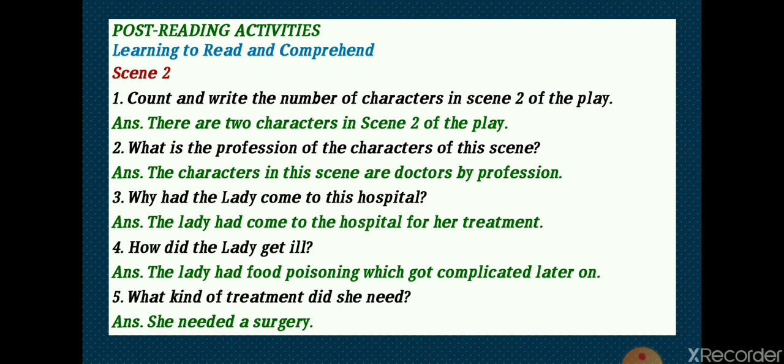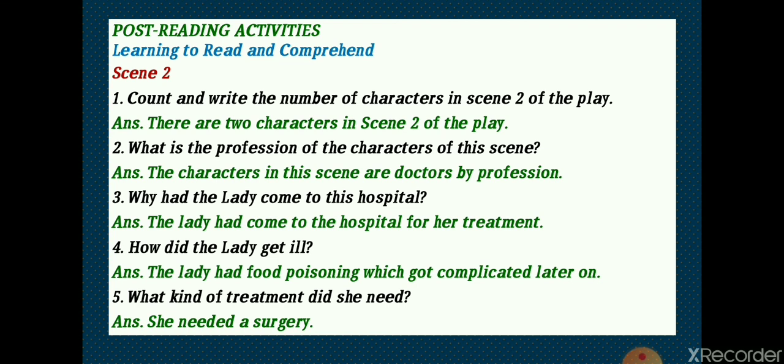Number 3. Why had the lady come to this hospital? The lady had come to the hospital for her treatment. This is quite natural. Why do we go to a hospital? Only for a treatment. Number 4. How did the lady get ill?